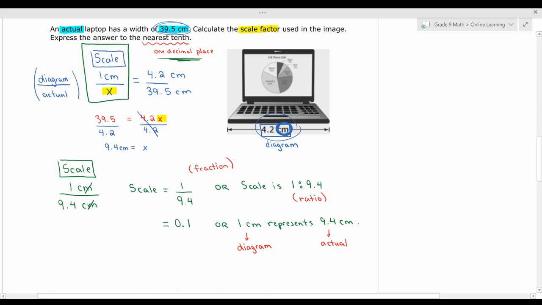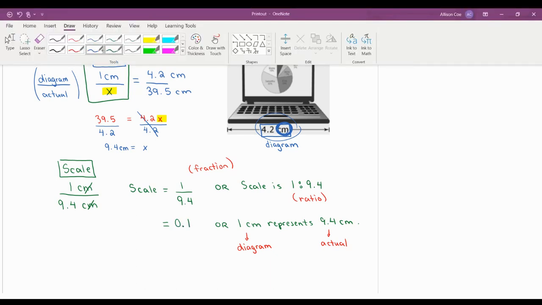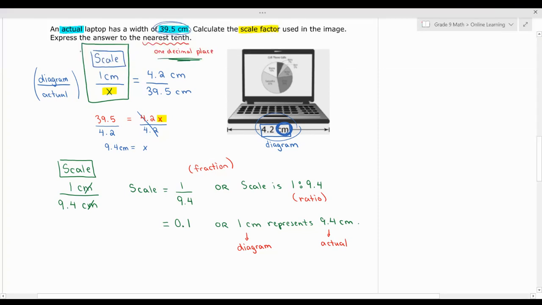And I'm going to remind you, looping back to section 4.1, if you have a scale factor that's less than 1, this means the object, which in this case is the computer, has been reduced. Section 4.1 talks about enlargements and reductions. So this has been reduced because the scale factor is less than 1. If it was bigger than 1, we would call it an enlargement.